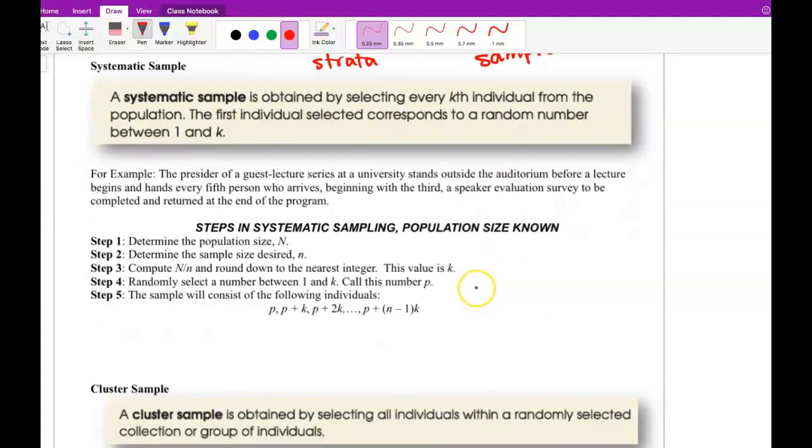Okay, now the next method is systematic sample. A systematic sample is obtained by selecting every kth individual from the population. The first individual selected corresponds to a random number, so the first individual that we're going to choose is randomly selected, a random number between 1 and k.